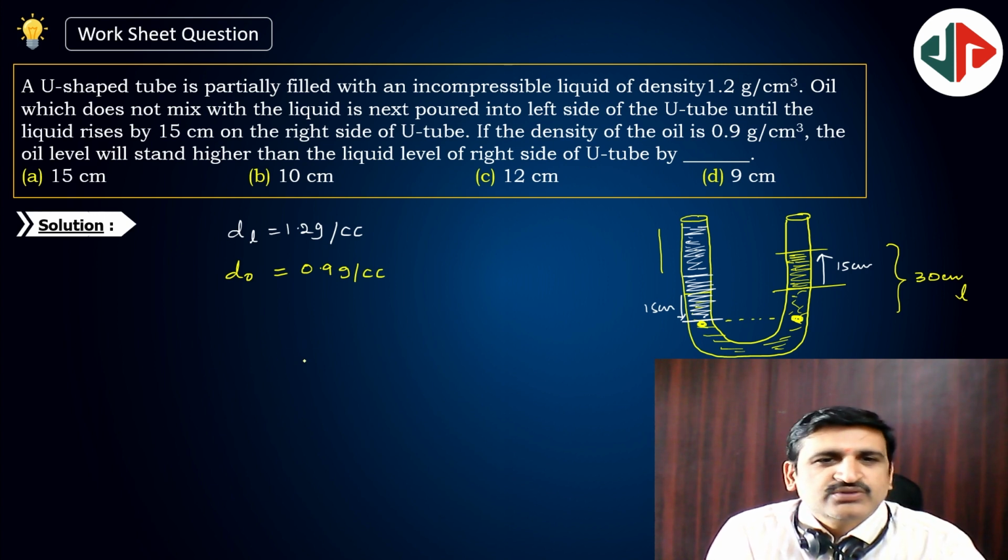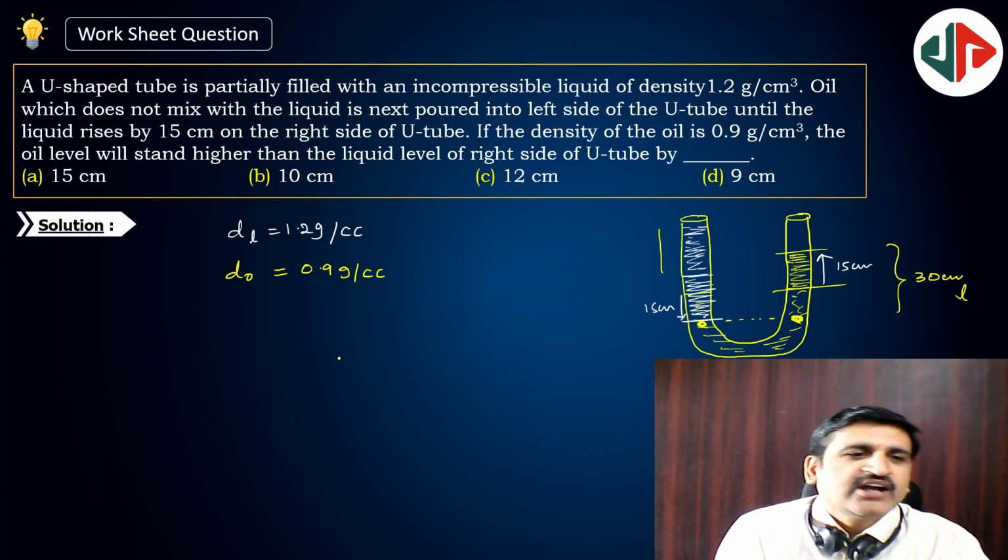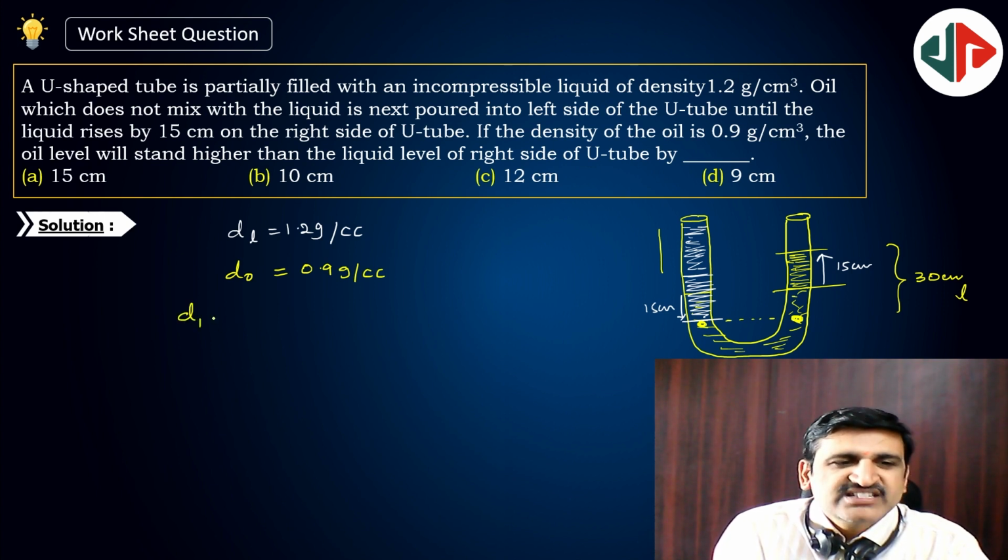Okay. So here, if the density of the oil is 0.9 gram per cc, fine. Then oil level will stand higher than the liquid in the U-tube by how much? Okay. That is, pressure equal: H plus 15 of oil.